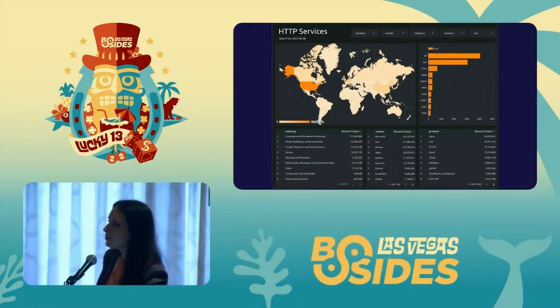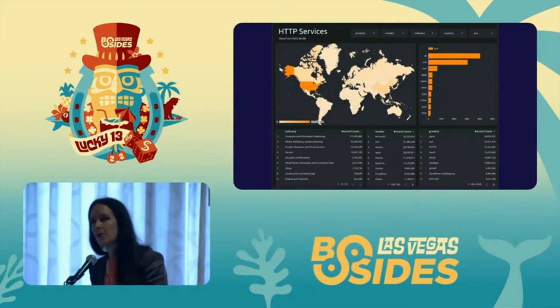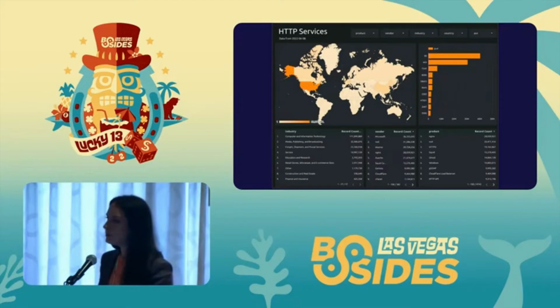On the bottom row, in the far left corner, we joined our internet-wide scan data with a data set called ASDB. It's a project out of Stanford University, and it categorizes autonomous systems into different industry buckets, which makes it a little easier to compare things over time and to each other.